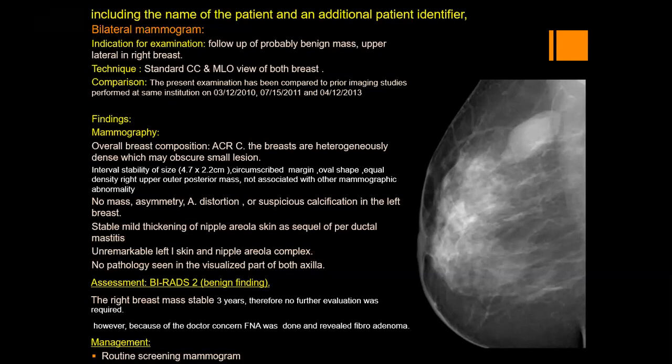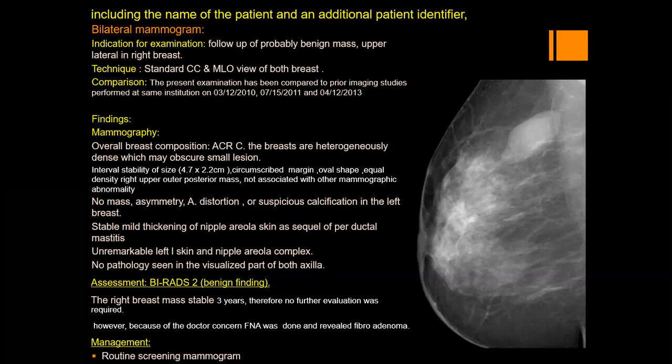Findings, overall breast composition, ACR C. The breasts are heterogeneously dense, which may obscure a small lesion. Interval stability of a 4.5 by 2.2 centimeter circumscribed margin, oval shape, equal density, right upper outer posterior mass, not associated with other mammographic abnormality.